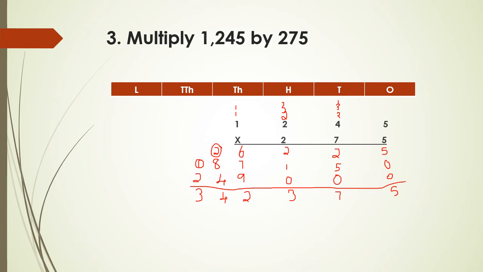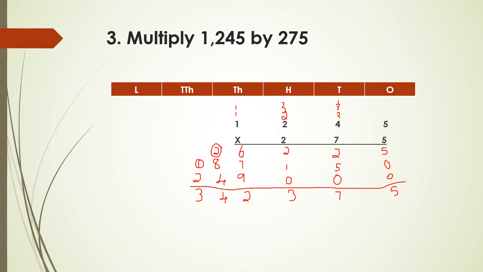Then 7 times 2 is 14. 14 plus 3 is 17. Then 1 carry over. Then 7 times 1 is 7. 7 plus 1 is 8. So you have to take the next number, that is 2. It is in the place of hundreds.